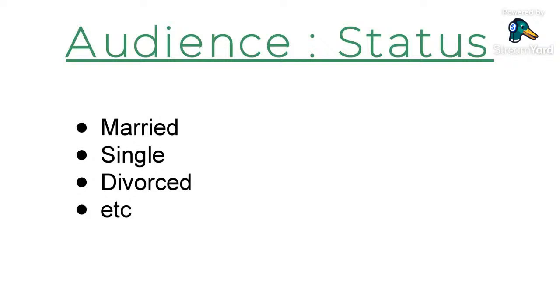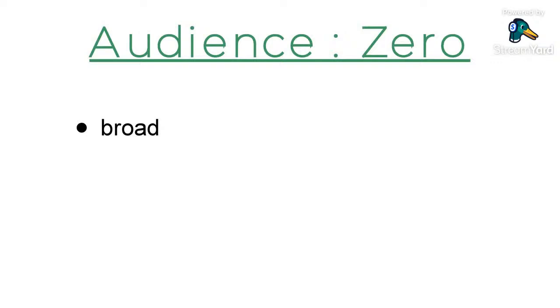I think being a parent is a status to an extent. So you can target married people, single people, divorced people. And another way you can reach out to your audience is when you do zero targeting. That is, you just target broad. And this is one of the best methods I have used and we have used to generate tons and tons of sales and revenue for our businesses and our clients.